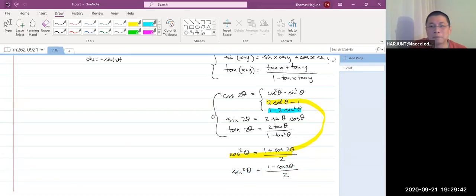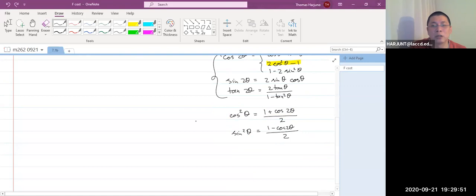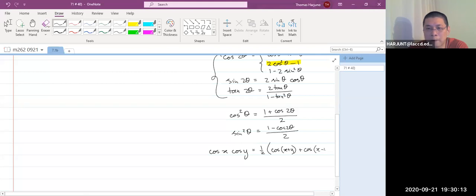And then, what else? Later on you will see cosine x cosine y equals 1/2 cosine of x plus y, actually plus, cosine of x minus y.